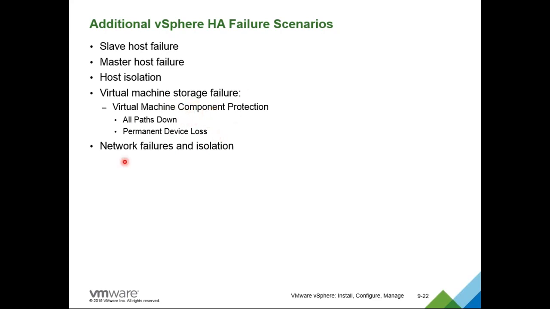Then it starts giving an isolation response to your vCenter server, and it will show that your virtual machine is isolated from your HA enabled cluster. So these are the vSphere HA failure scenarios.